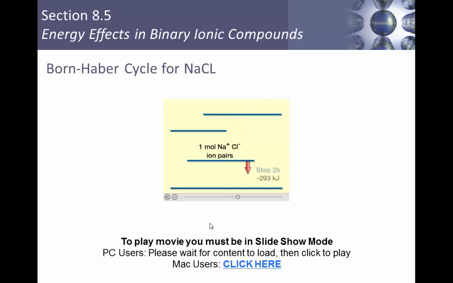An additional 293 kilojoules are released when the ion pairs form an extended crystalline solid. Therefore, the sum of 786 kilojoules is released when sodium and chloride ions form solid sodium chloride. Finally, the overall process of sodium chloride formation from its elements is energetically favorable, releasing 639 kilojoules per mole.